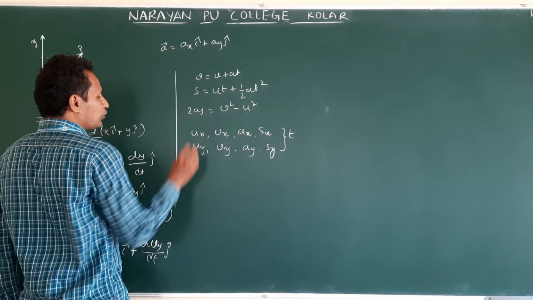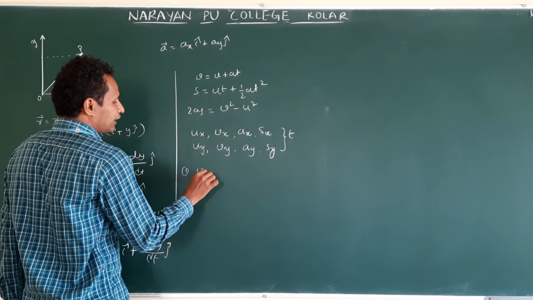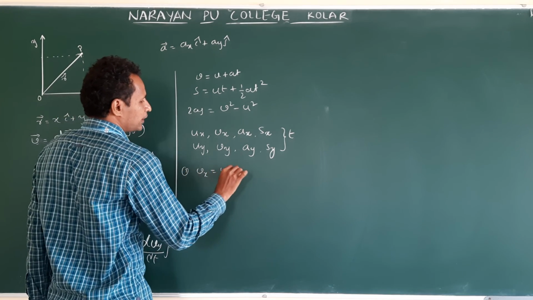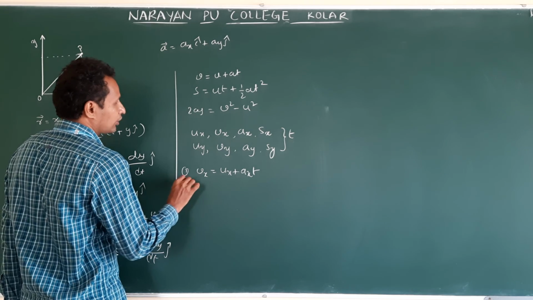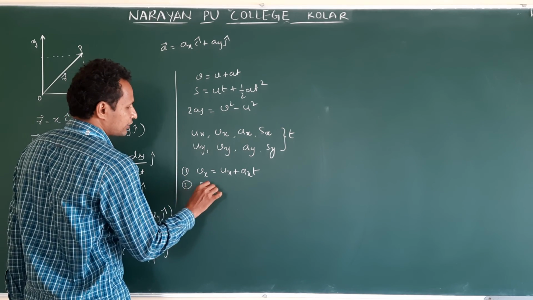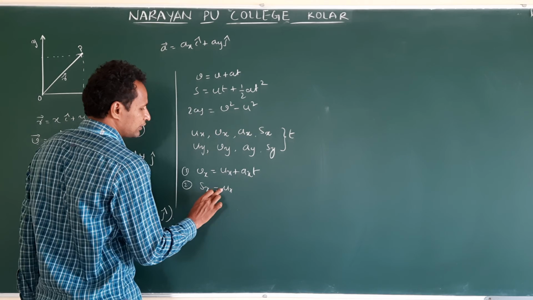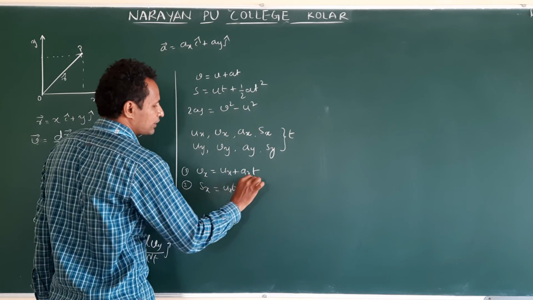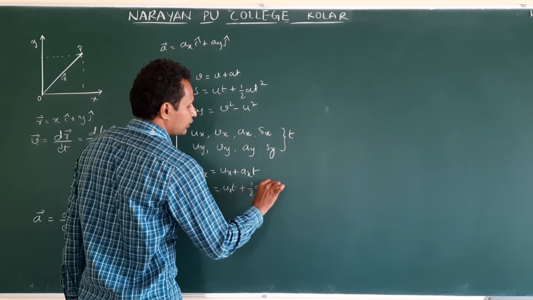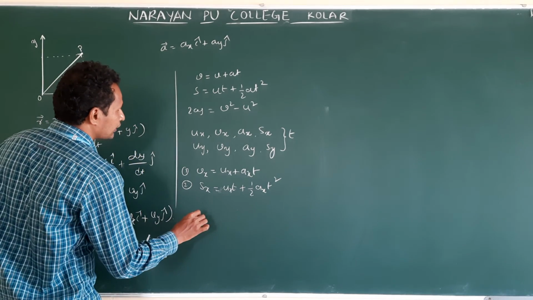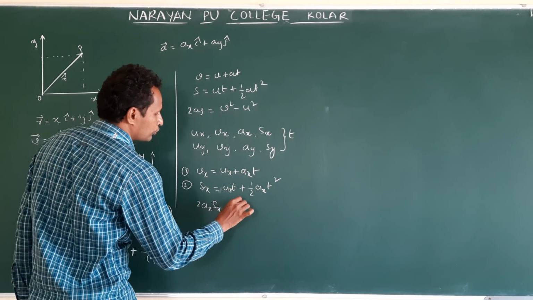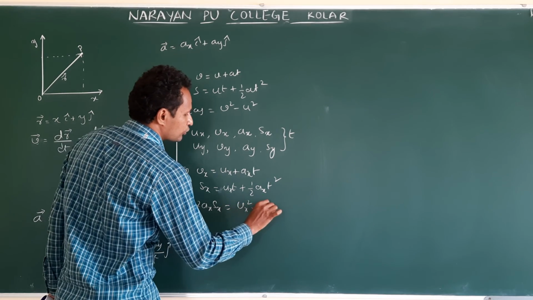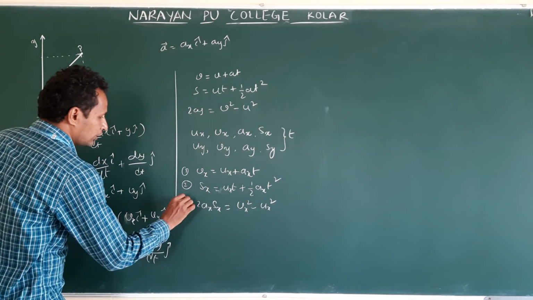Now, first equation, how do we write? First equation, vx is equal to ux plus ax t. Second equation, what is that? Yes, x is equal to ux t plus half ax t square. And third equation, what is that? 2 ax sx is equal to vx square minus ux square.